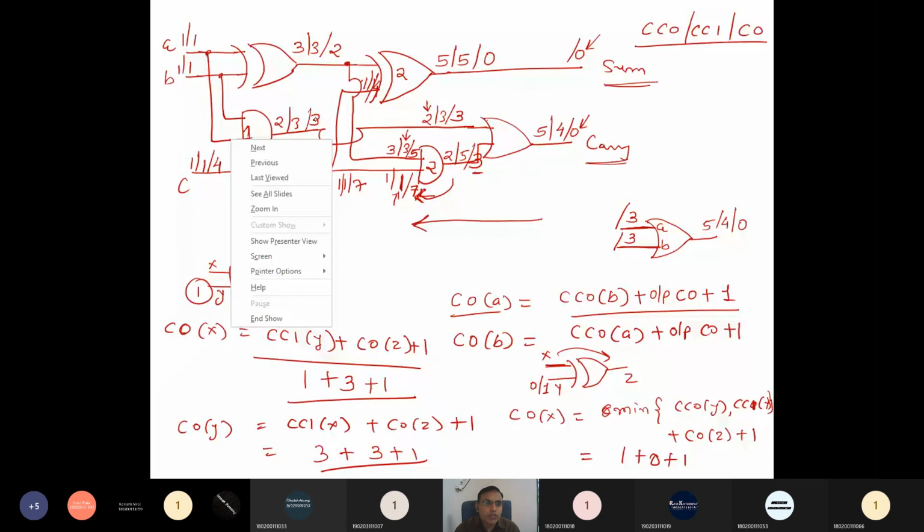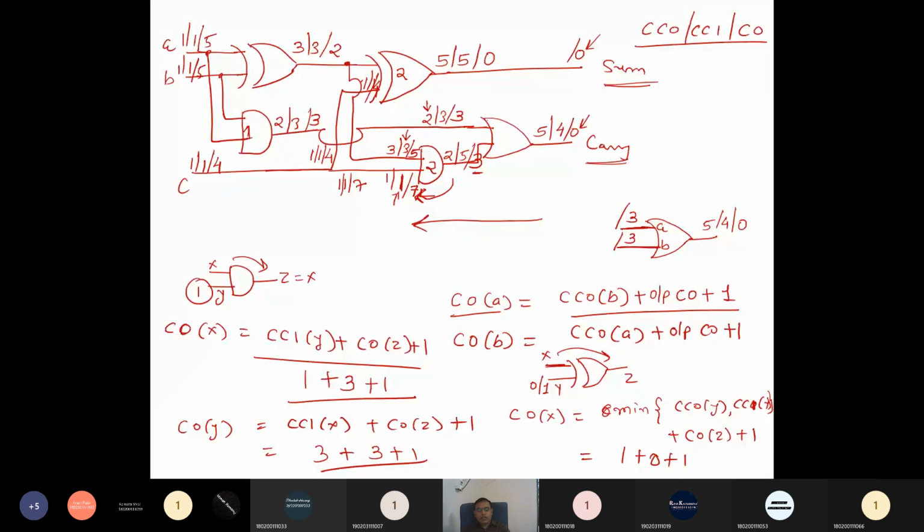So it is 3 plus 1 plus 1. It is equal to 5. So this line has 5. Similarly for this line, the other input C is 1 and 1, plus 3, 4, plus 1, 5. So this is also equal.